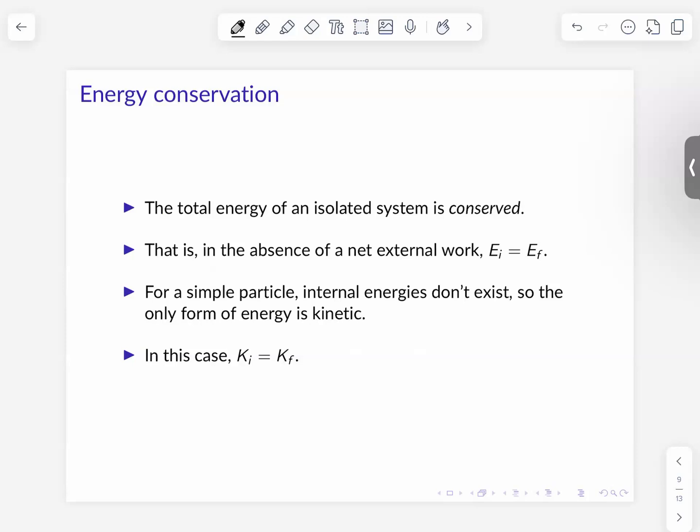Does that mean for a simple system that velocity can't change? Let's write this down. If 1/2 m v initial squared equals 1/2 m v final squared, is it possible to change a velocity and still have the same kinetic energy?